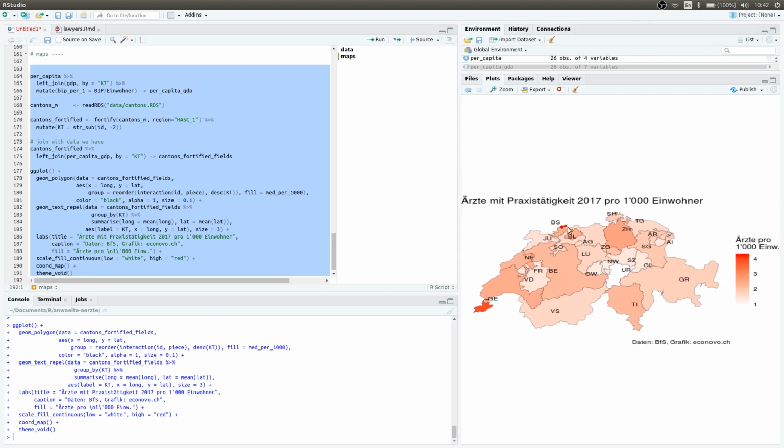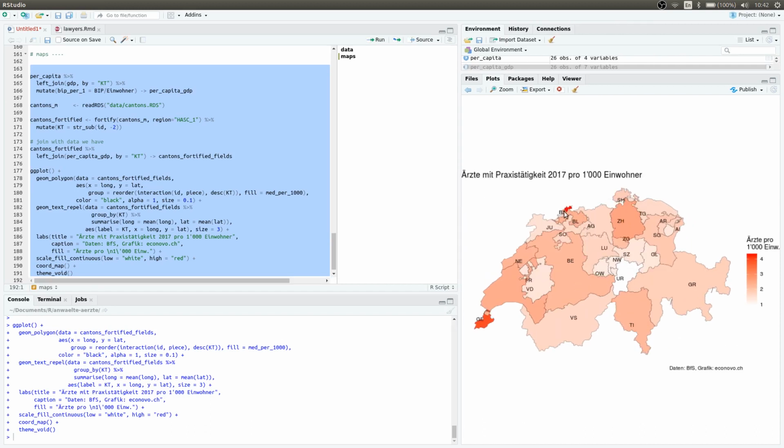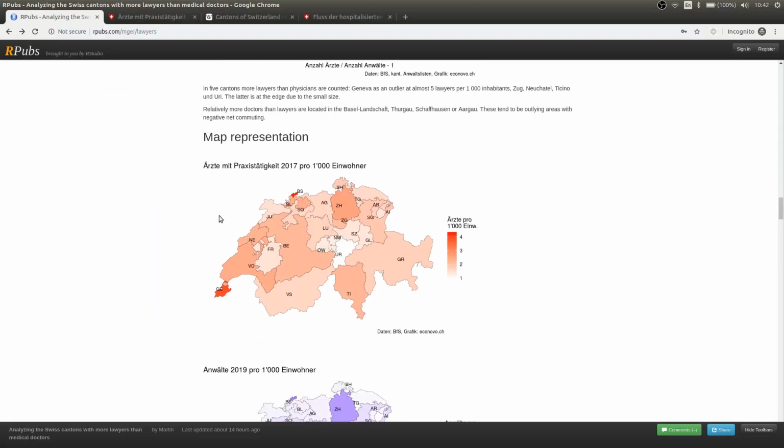And again, you see the canton with most physicians, Basel, Geneva, as well as Zurich is pretty high up on the scale.